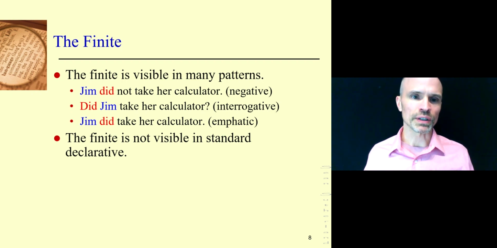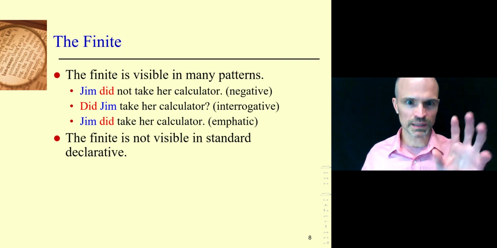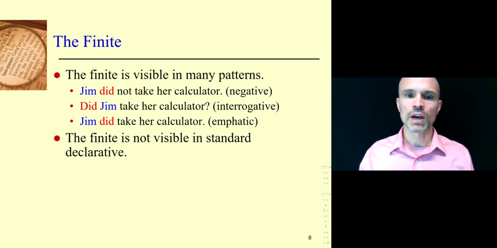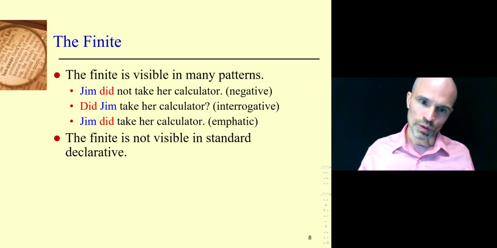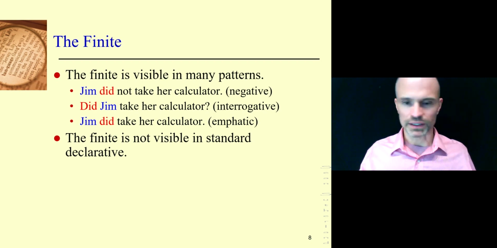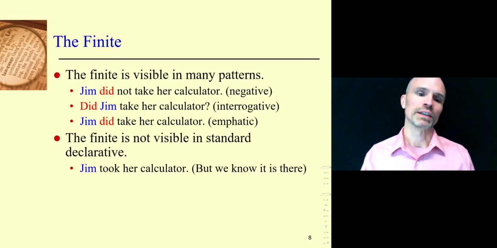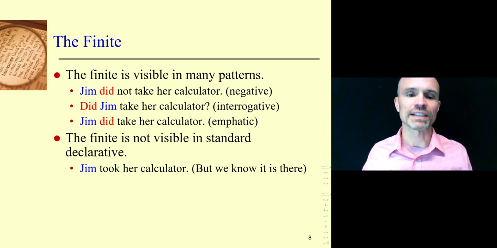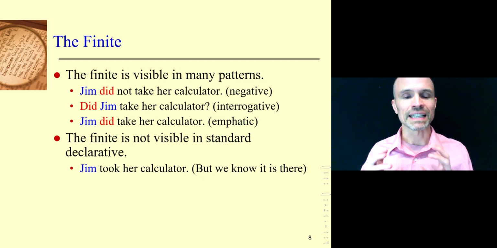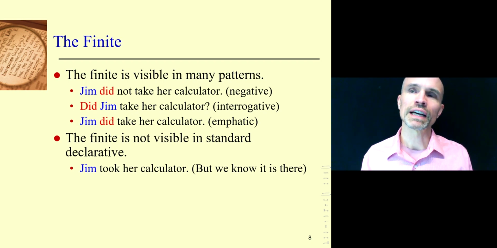In all of those cases, you can see the subject Jim and the finite did. In the standard declarative, you're saying something and it's not emphatic and it's not negative, you don't see it anymore, right? You see Jim took. So here's where you want to recognize that that did exists.